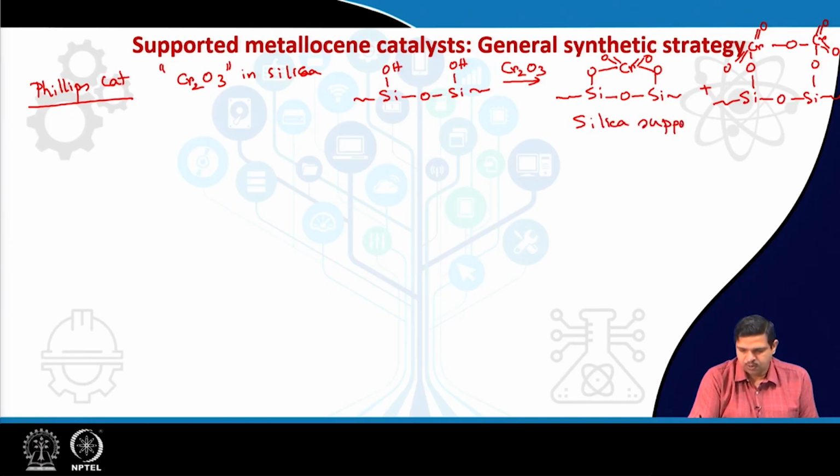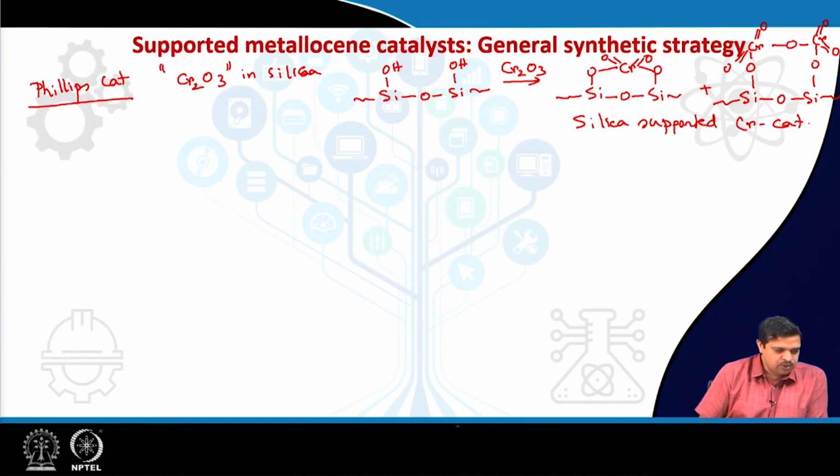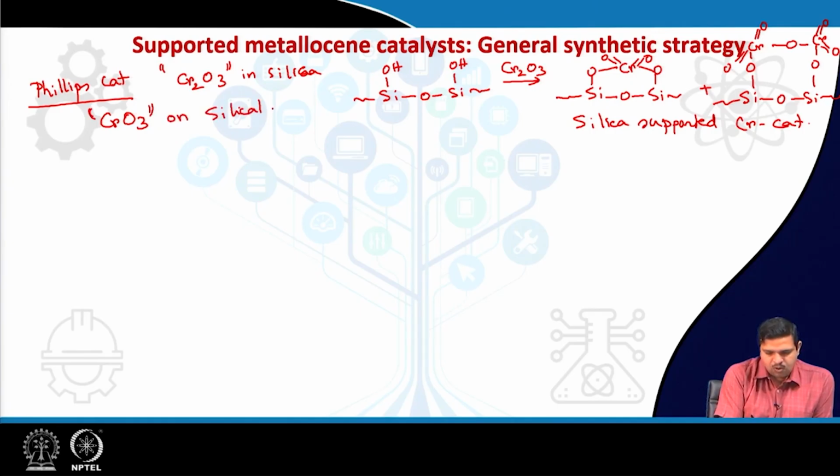So here you will see a silica supported chromium catalyst, and these are highly used. This is basically Cr2O3 on silica, or aluminosilicates sometimes; both can be done. And how is it prepared?